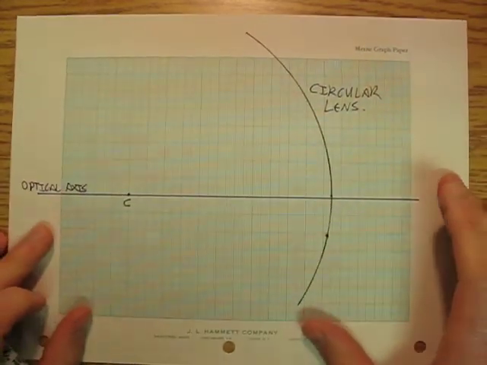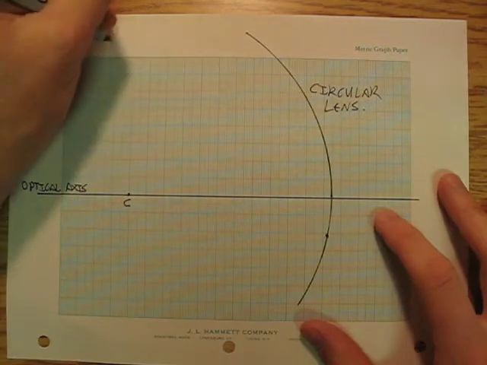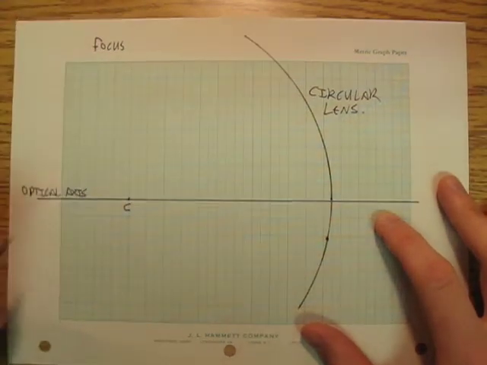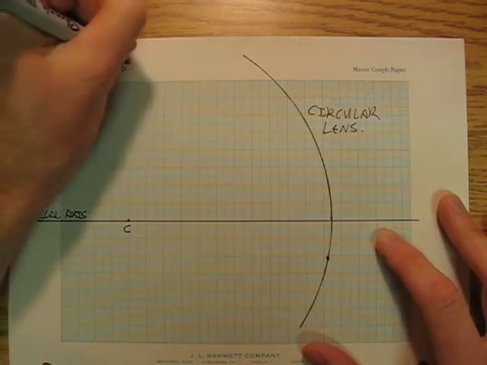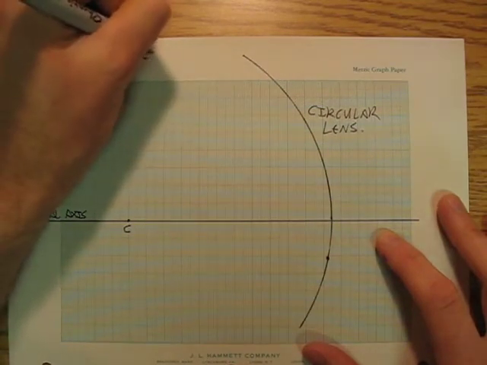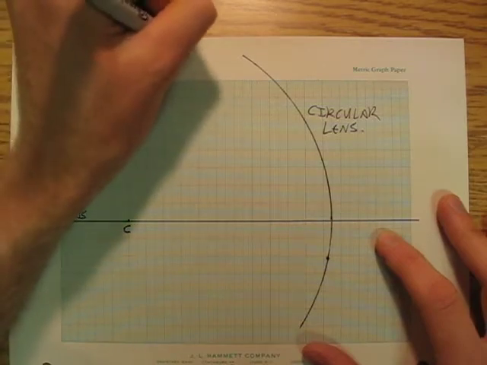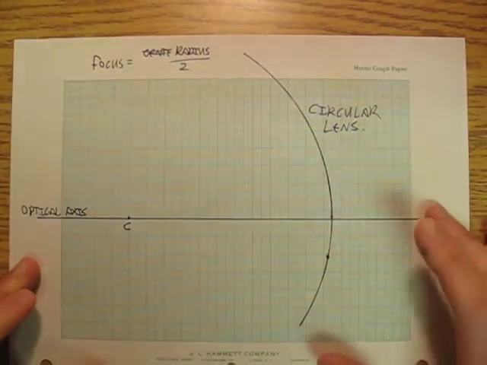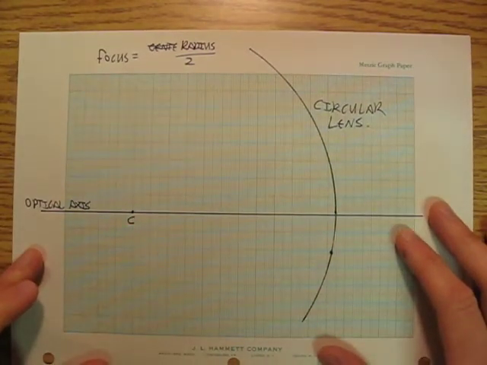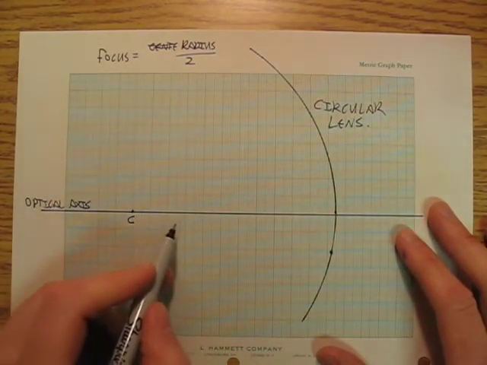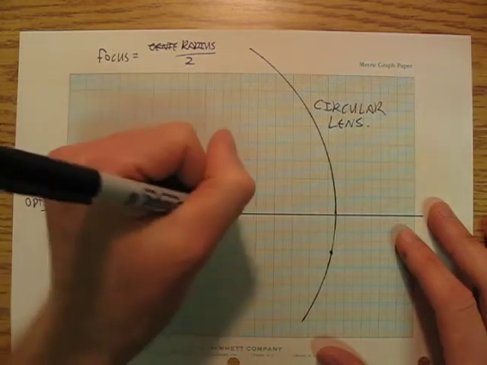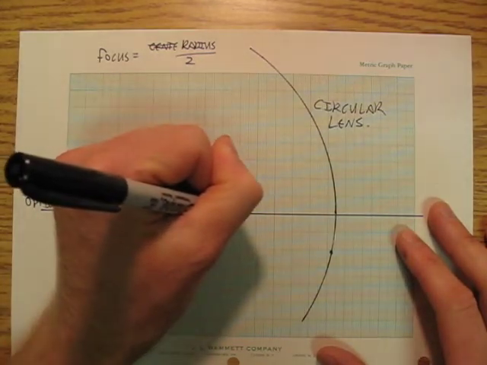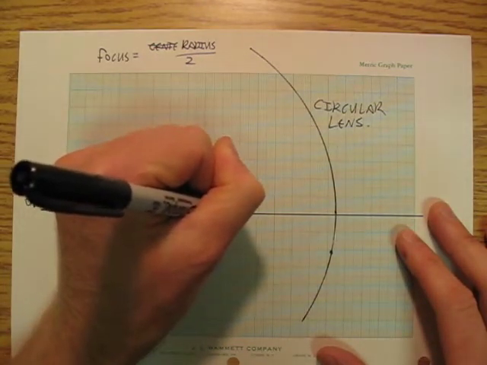So I'm going to say that the focus for a circular lens is going to be the radius divided by 2. So I'm going to go 5 3/4. 1, 2, 3, 4, 5, and 3/4 is going to be right there.